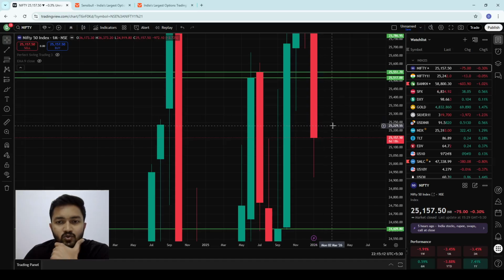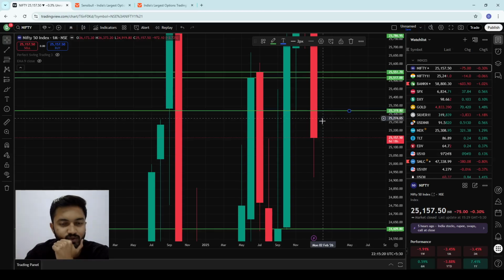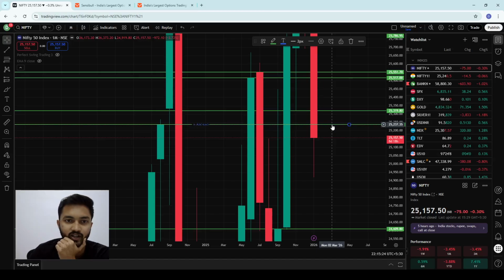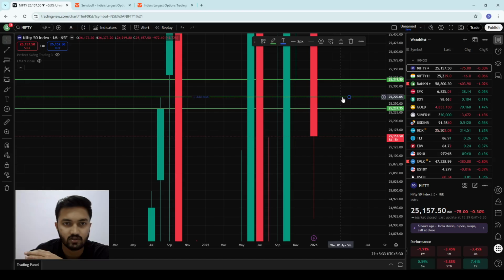But these are the levels you can see and do trading with. I'll just show you what sort of levels I'm talking about. When you're trying to do intraday trading with a 5 minute chart, you will get a very good glimpse with the help of the open, high, low, close prices of the previous monthly candles.